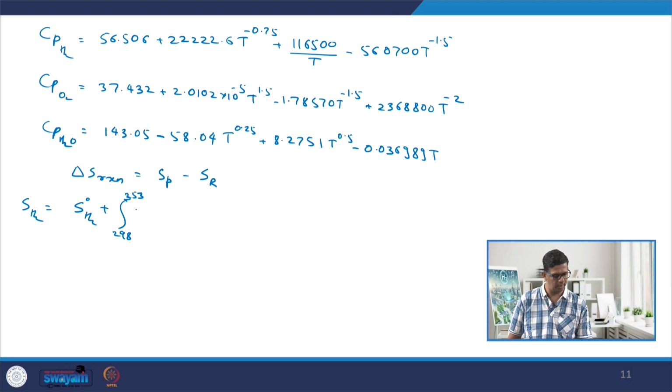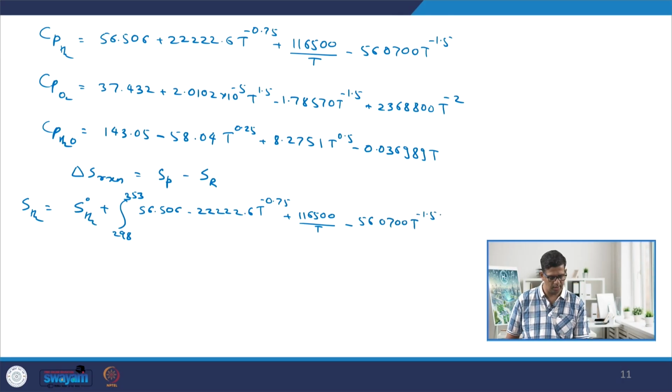Let me write this up as the integration of 56.506 minus 22.6 times T to the power minus 0.75 plus 116500 over T minus 560700 T to the power minus 1.5. So this is the entire heat capacity, and this whole is divided by T, dT.